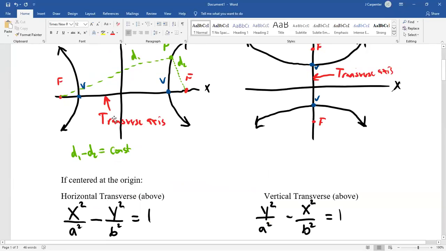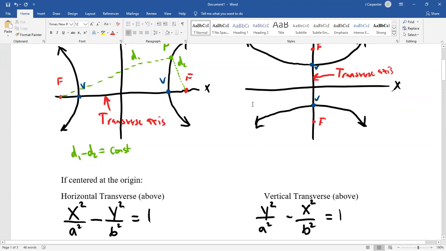So the positive term is what tells you which way it opens. Because this was a positive x squared, it opens left and right, it opens horizontally. For the vertical transverse, when it opens up and down, the y squared term was positive. So the positive term tells you it opens in that direction. If the y squared is positive, it opens up and down. If the x squared is positive, it opens left and right.